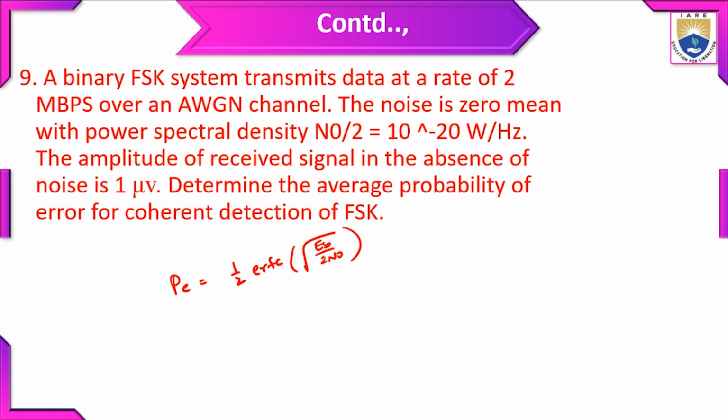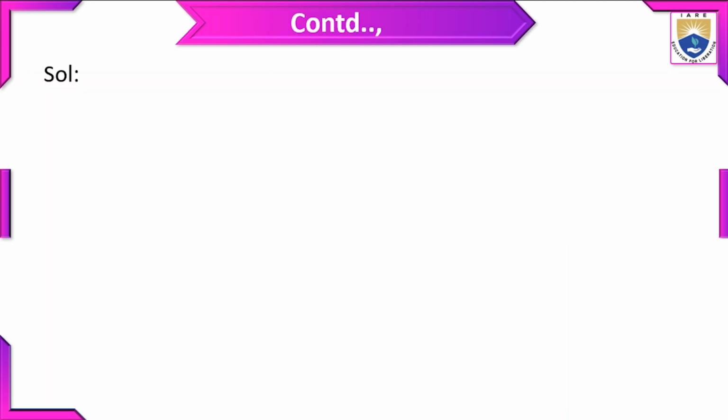So here we need to find the energy per bit. We know that Eb is equal to A square T by 2. So A square is 10 power minus 6 whole squared, by 2 into 1 divided by 2 into 10 power 6. This one.